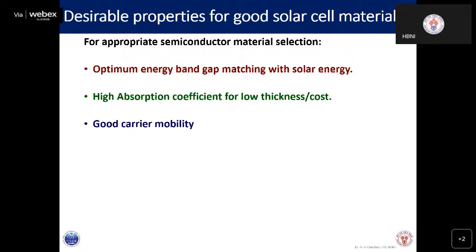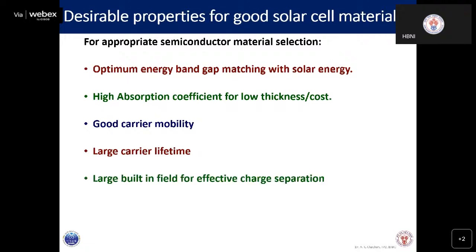Then carrier mobility should be good. As we learned yesterday, mobility is the capability of moving the carrier, the way the carrier moves inside the material. Then a large carrier lifetime, meaning they should not recombine. If carriers are generated, they should stay longer so that they can be swept away by the built-in potential.